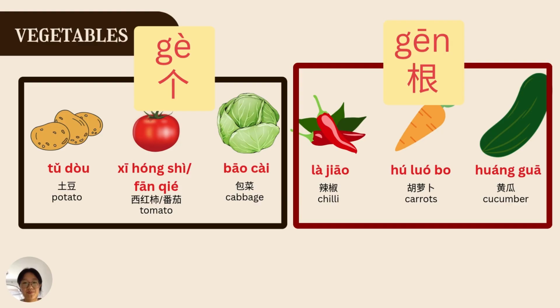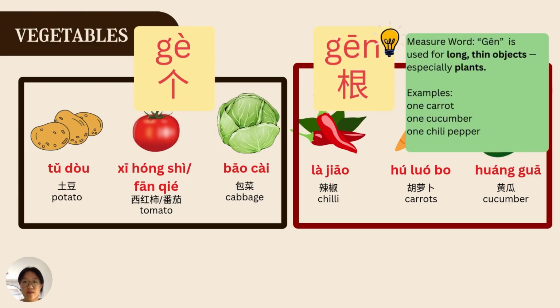But why? Please focus on their shapes. The shapes of 土豆、西红柿、包菜 are irregular, or in a word, nearly round. And the shapes of the second group of vegetables are long. So let's take a small conclusion. 根 is used for long, thin objects, especially for plants.